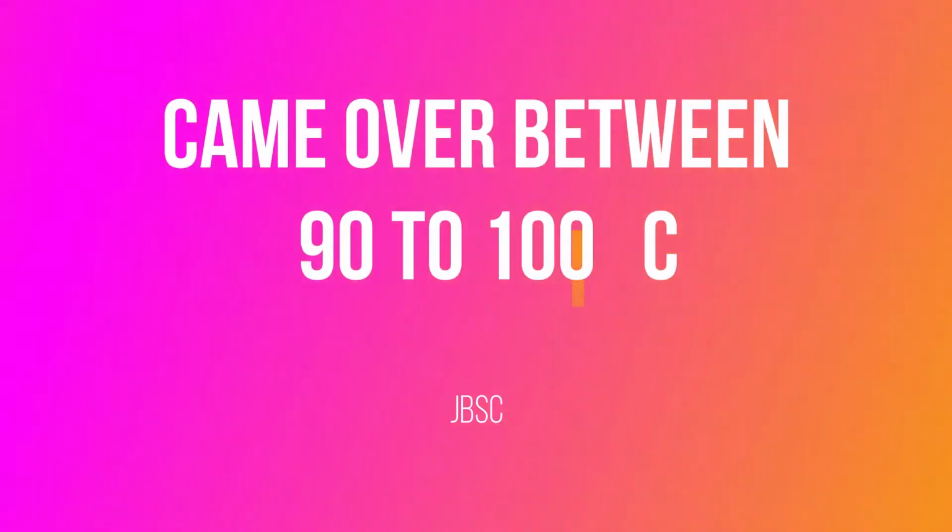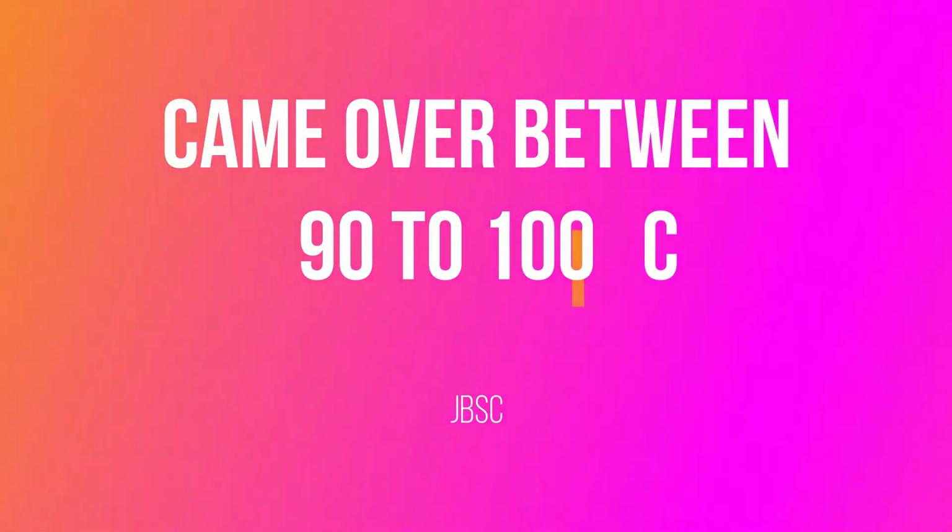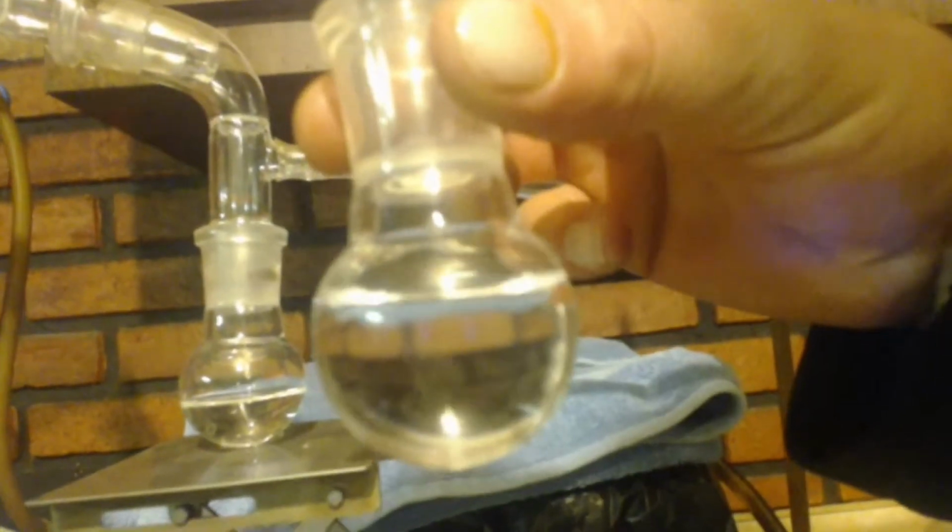That's probably about 20 milliliters, say. So this is probably, I didn't get all the water out. I bet this is 70% tert-pentyl alcohol and 30% water, whereas this is 100% tert-pentyl alcohol.